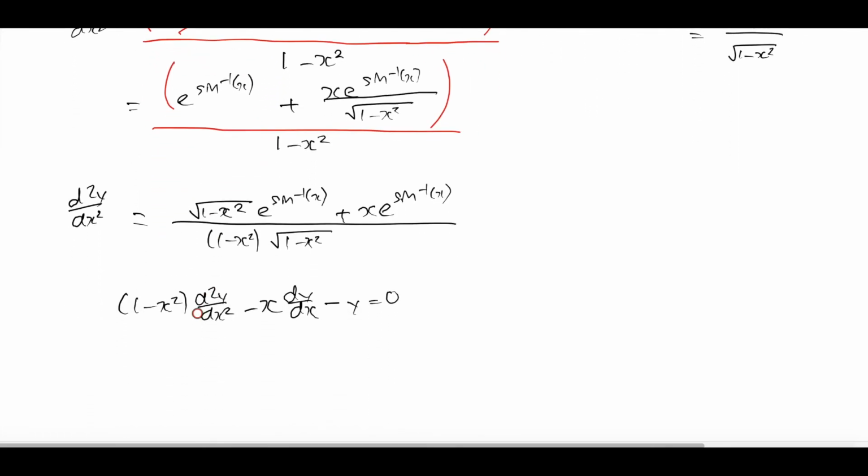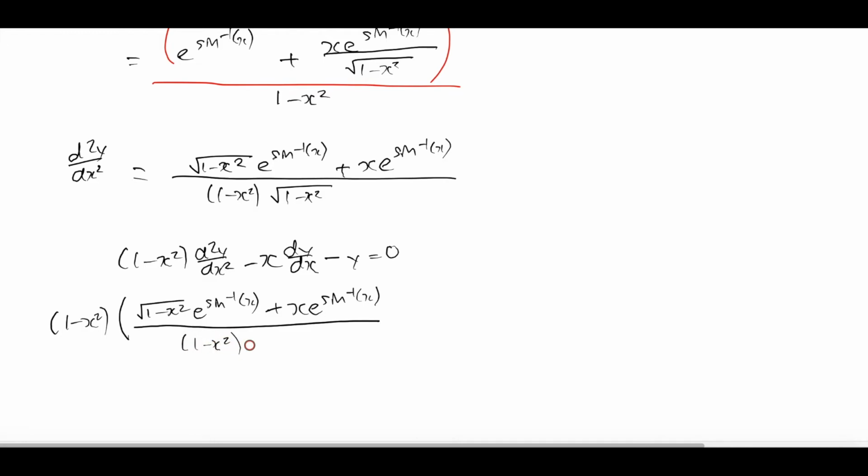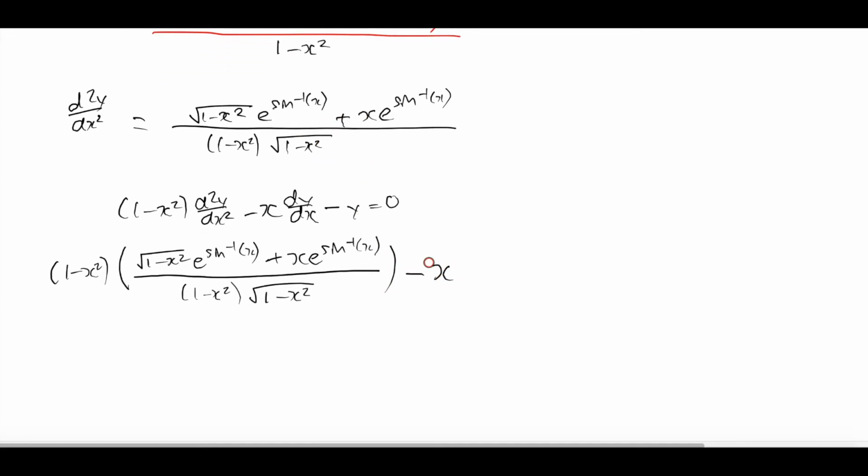So we can just fill in everything: 1 minus x squared times the second derivative, which in this case is square root 1 minus x squared e^(sin inverse of x) plus x e^(sin inverse of x), everything divided by 1 minus x squared in the bracket multiplied by the square root of 1 minus x squared, okay? So that is that.